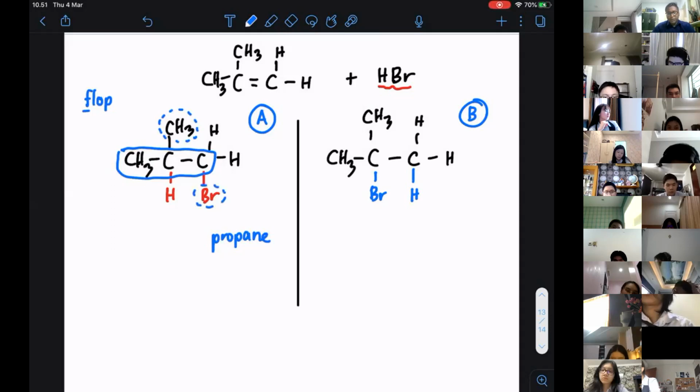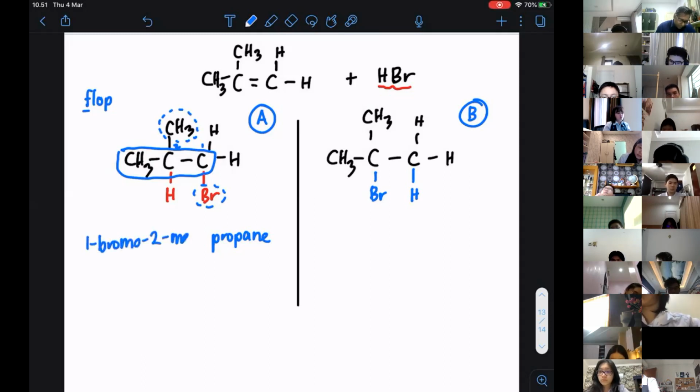If you look over there, there is bromo and there is also methyl. You can have this as 1, this as 2. Here I will rather use position 1 for bromo, position 2 for methyl. So I'm going to use 1-bromo-2-methylpropane. This is going to be the name.